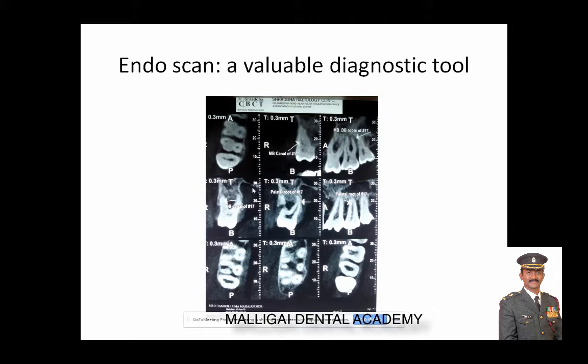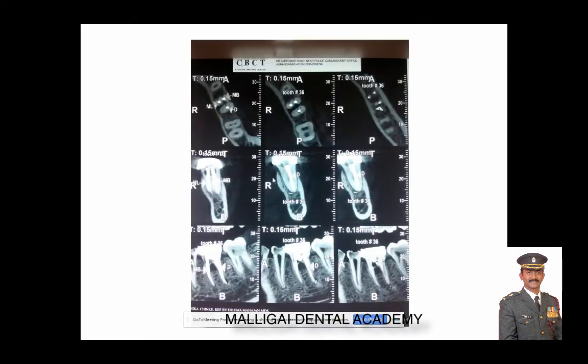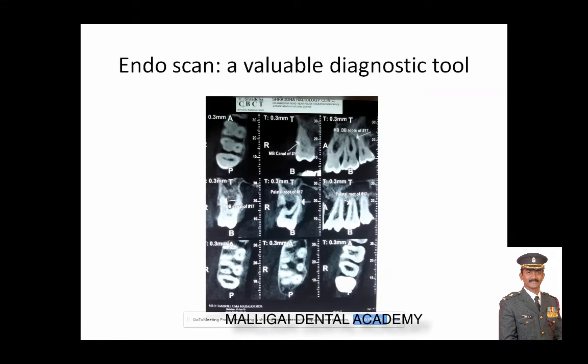As you can see in the first image, you can very clearly see three canals. You can very clearly see three separate root canals in tooth number 17. You can see in the second image in the last line a well-defined radiolucency between the palatal, the mesiobuccal and the distobuccal roots.